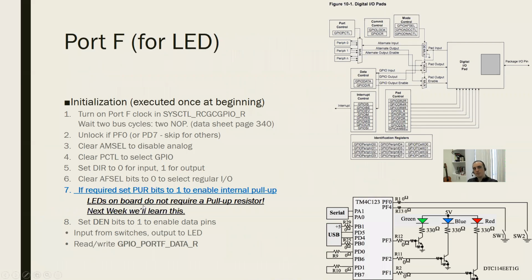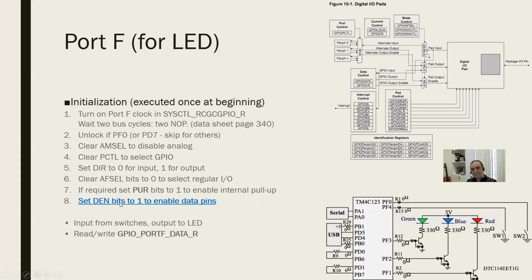Then pull-up registers. I don't use these pull-up registers because they are functions for switches, and they are deselected by default. I'm not going to touch these, but next week when we initialize switches, we are going to change these registers as well. Then digital enable, that's the final on-off button.